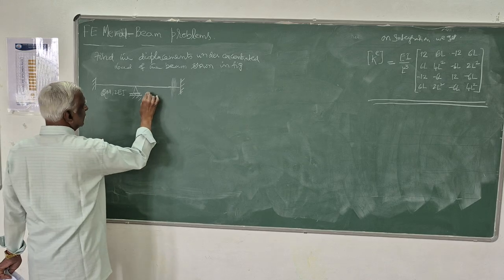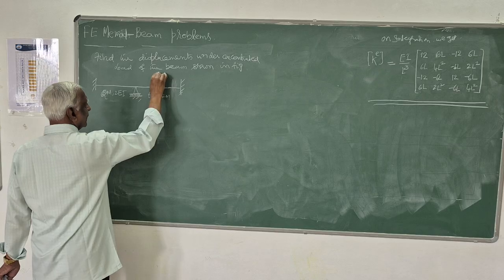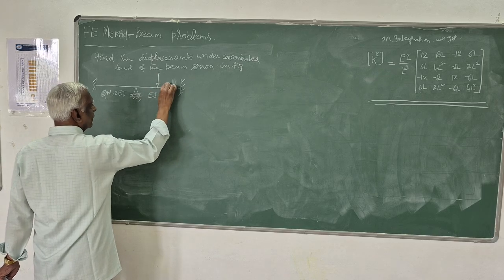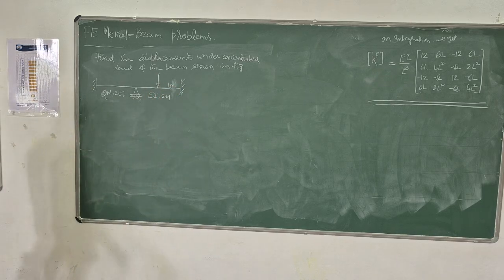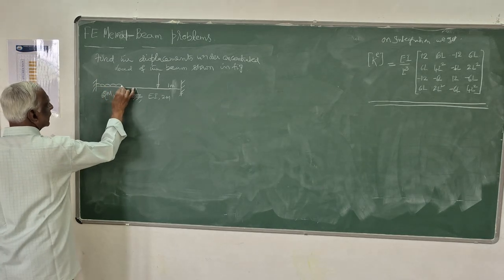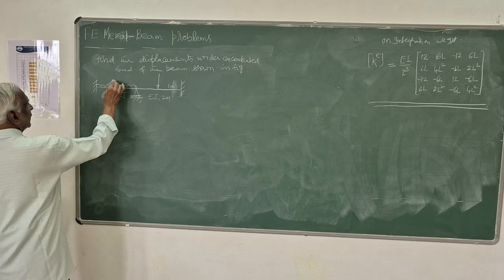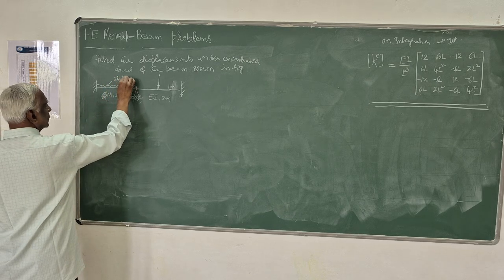This I will take EI and again 2 meters, and you have a concentrated load which is at 1 meter from the end, and here you can take a division of 24 millimeters.